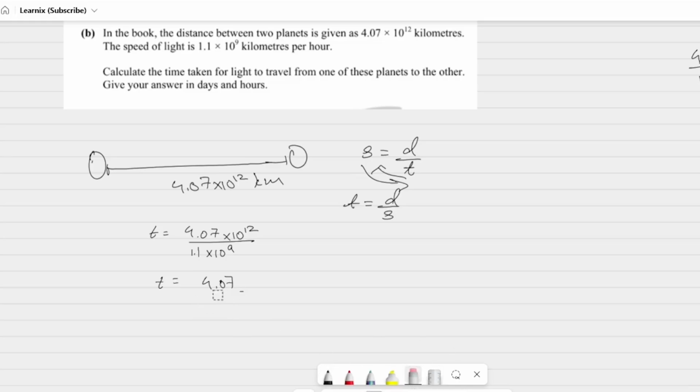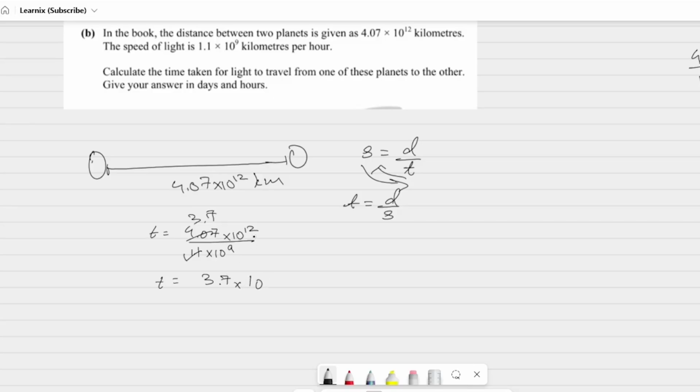Okay, let's substitute this as 3.7. So that's this done. You get 3.7. Now you have 10 to the power of 12 over 10 to the power of 9. Same thing: you have two indices dividing with the same base.